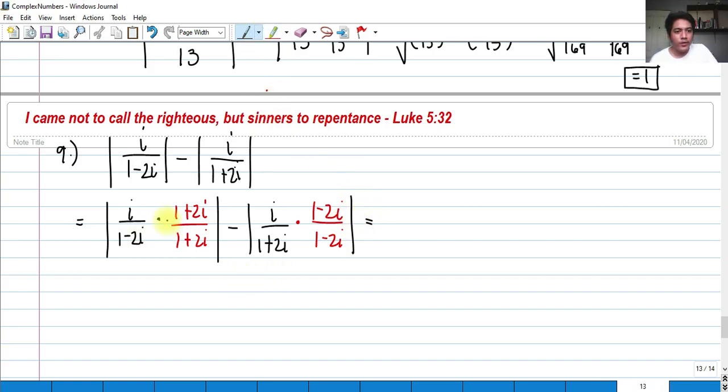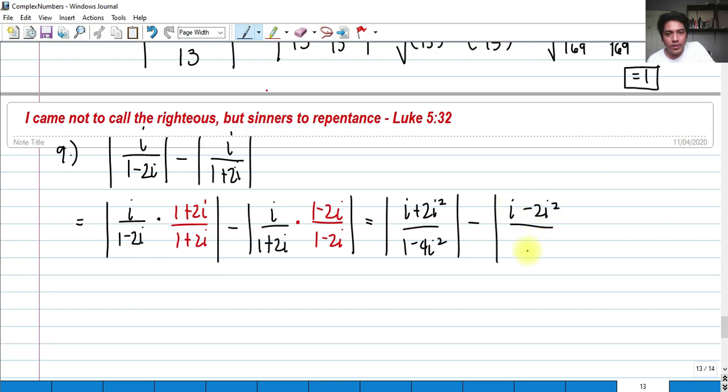So, numerator times numerator, that would be i plus 2i squared all over 1 minus 4i squared, minus, again, i minus 2i squared all over 1 minus 4i squared. And then we evaluate. i squared is simply equal to negative 1.